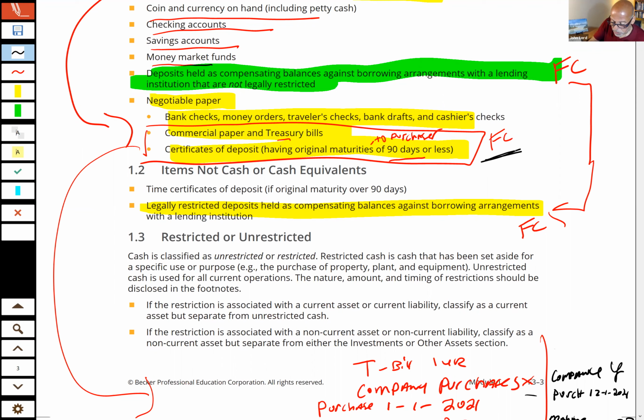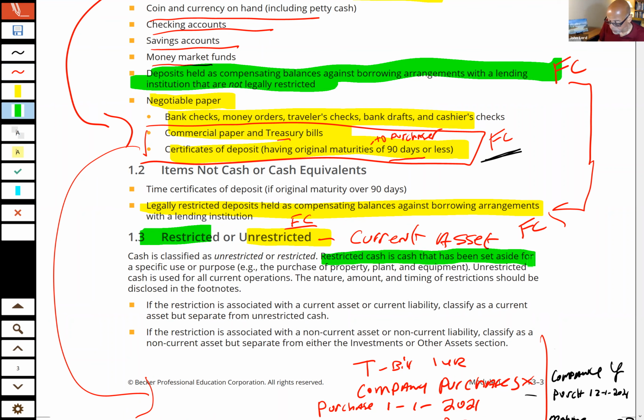Now, they tell us here that cash can be restricted or unrestricted. Unrestricted cash, always and forever, guys, is a current asset. You don't have to ask yourself anything else. If the cash is unrestricted, it's going to be a current asset. You can flashcard that. Restricted cash is cash that has been set aside for a specific purpose.